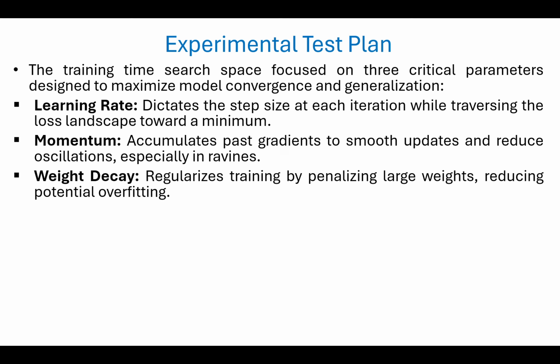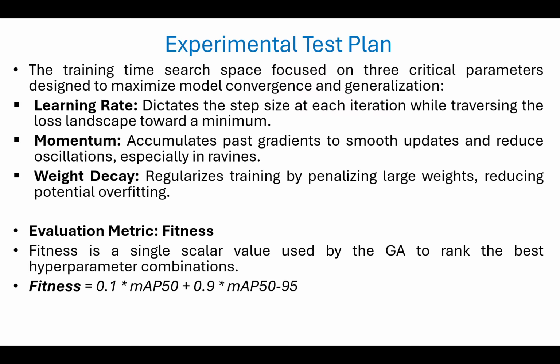Momentum helps stabilize training by accumulating past gradients, which is especially useful in uneven loss landscapes, while weight decay acts as a regulator, preventing the model from overfitting by discouraging excessively large weights. All configurations were evaluated using a single scalar metric called fitness, a weighted combination of mAP at 0.5 and mAP across the stricter 0.5 to 0.95 range, with greater emphasis on the stricter metric.